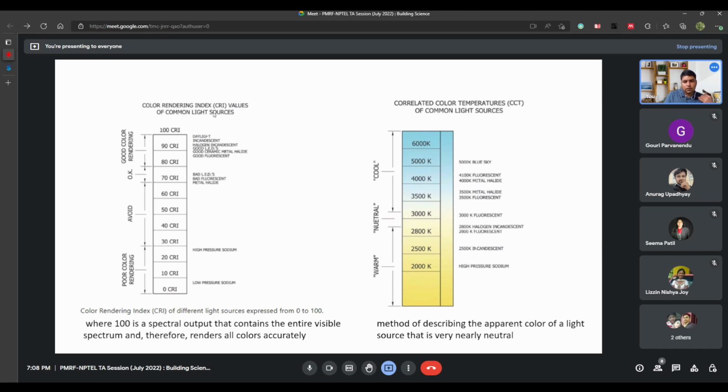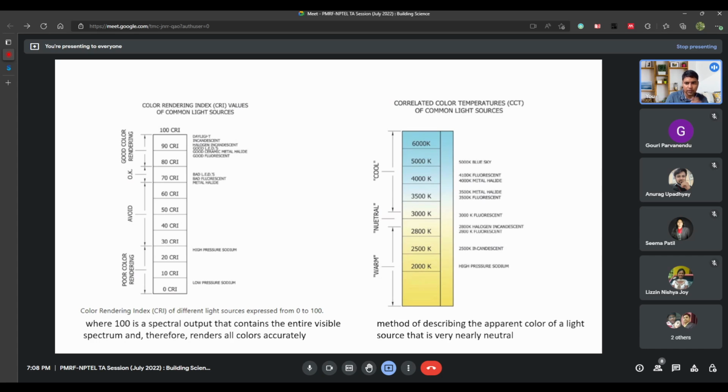And also when you look into light actually being received, it is assessed using different measures, indexes. One is the color rendering index, where a color rendering index of 100 means that the spectral output will contain the entire visible light spectrum, ranging from the least wavelength to the last wavelength, 300 something to 700 nanometers.